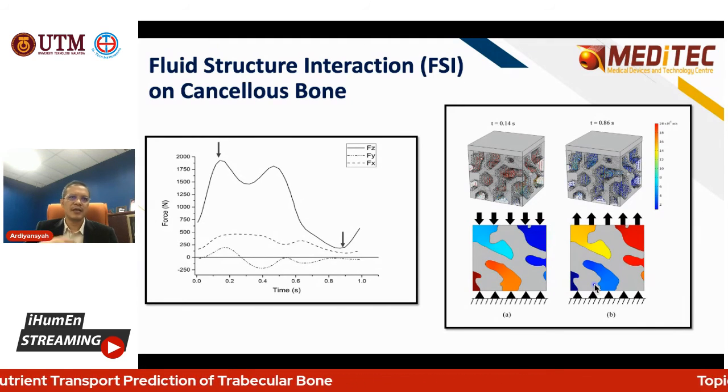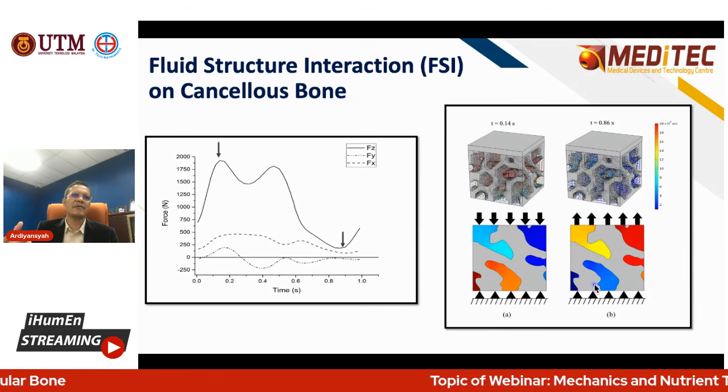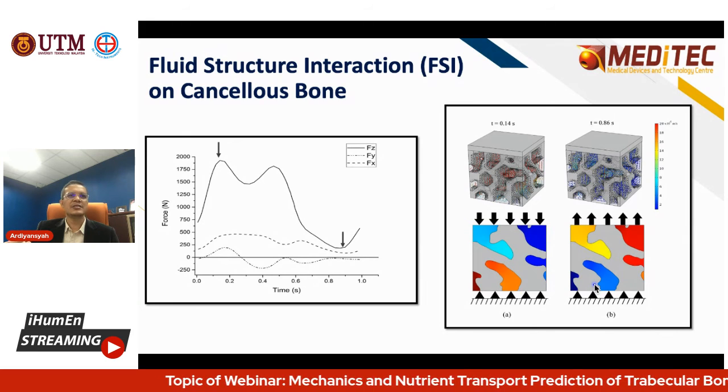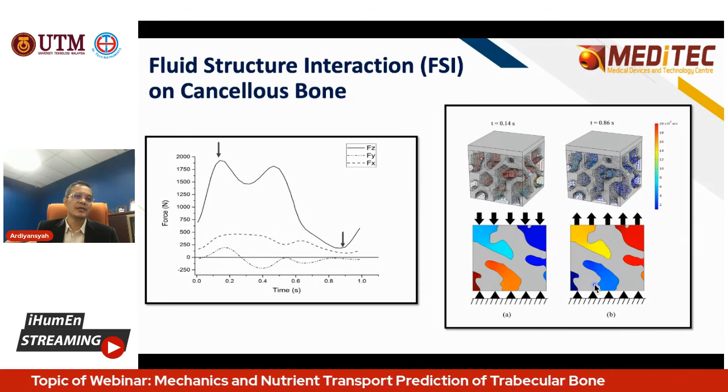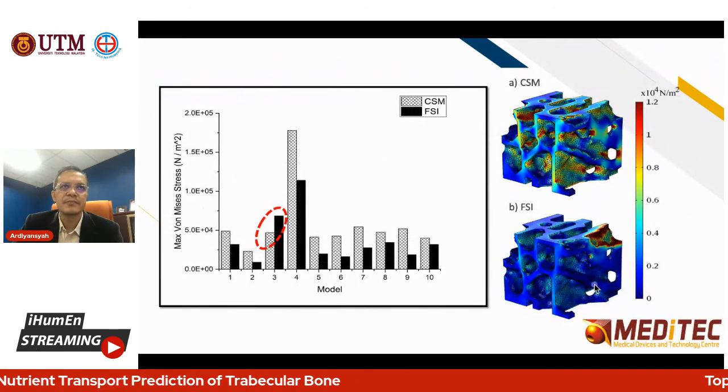So it needs to be balanced. There is a maximum level of velocity in the marrow at which the struts of the cancellous bone do not break.